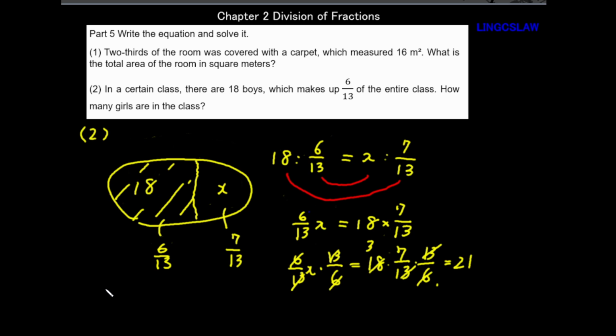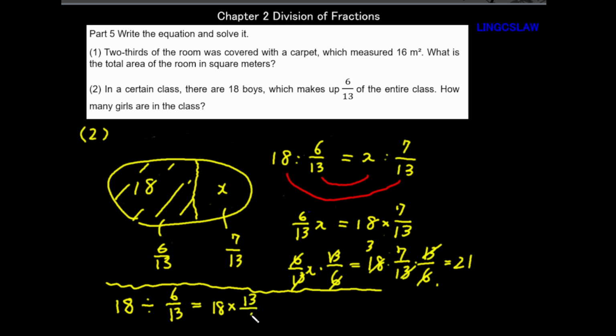And there is another way of solving this. You can calculate the number of students of the whole entire class. So in order to get the number of the entire class, you can calculate 18 divided by 6/13, which equals 18 times 13/6, and make it simpler, 39.